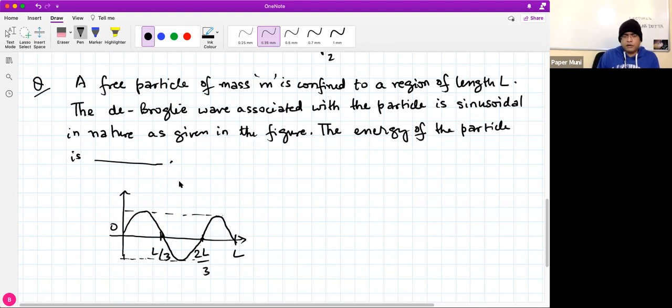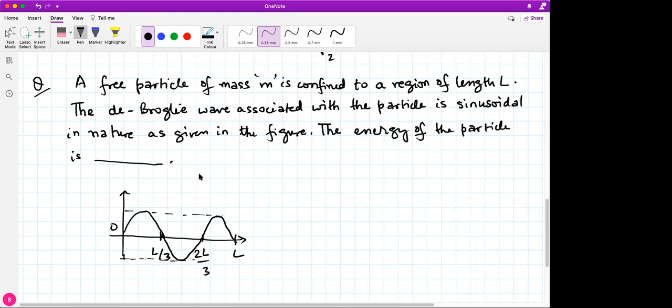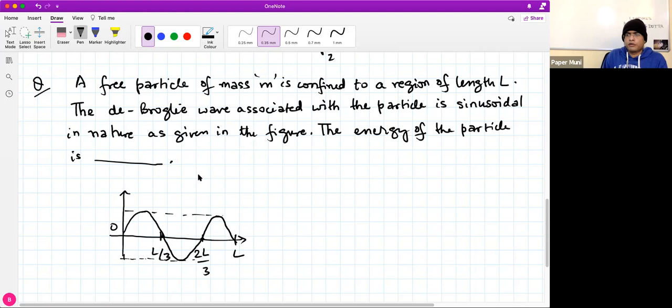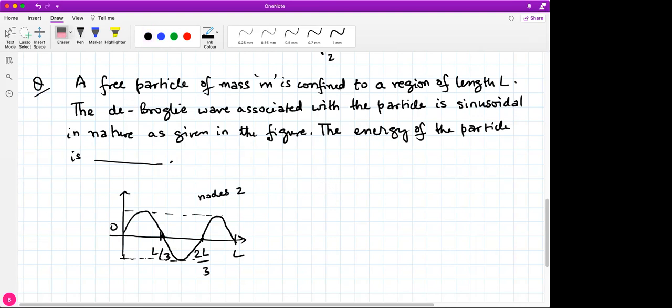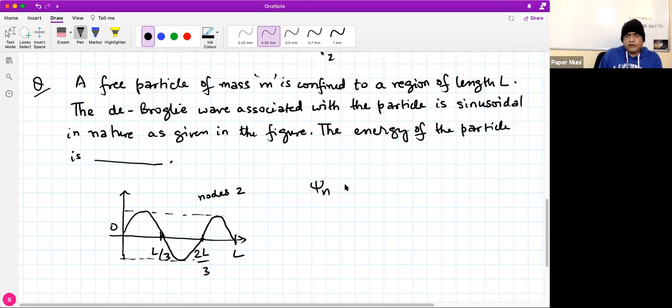So how can you tell what it is? This is the graph of psi 3. How do you know that? There are two nodes. So we know psi n has n minus 1 nodes.